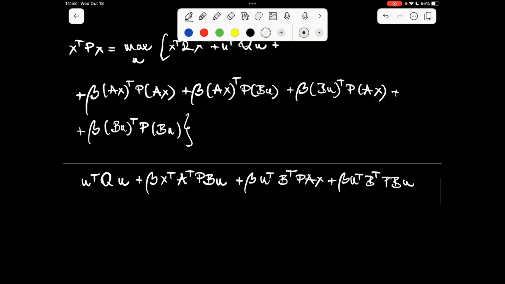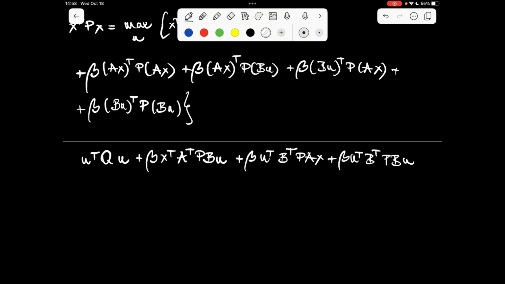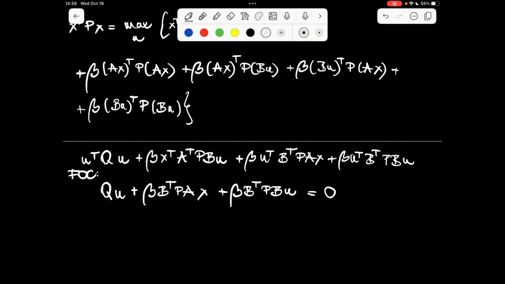And now we are ready to write the first order condition. The first order condition: the sum is supposed to be 0.